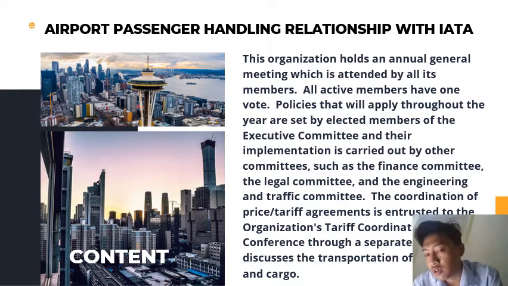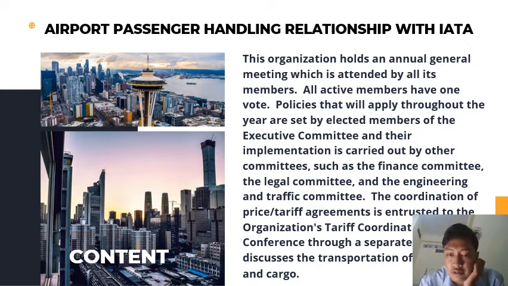And the coordination of price or tariff agreements is ensured through the tariff coordination conference, a separate meeting that discusses the transportation of passengers and cargo.